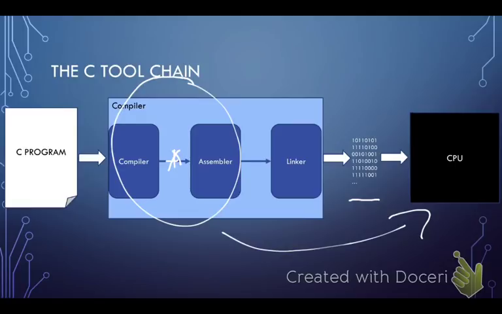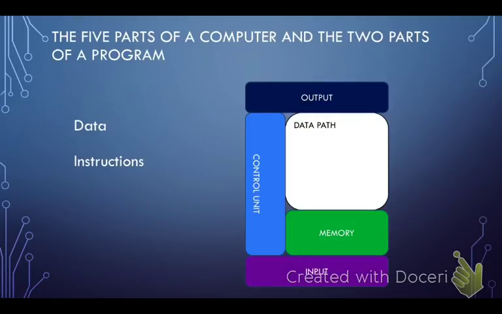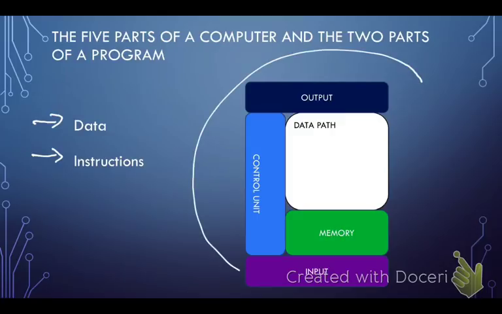Now, for this to make sense, we're going to have to dig a little bit deeper into the actual organization of our computers. So our programs consist of data and instructions, and these things are interacting with each other on and within these 5 high-level concepts that embody a computer.